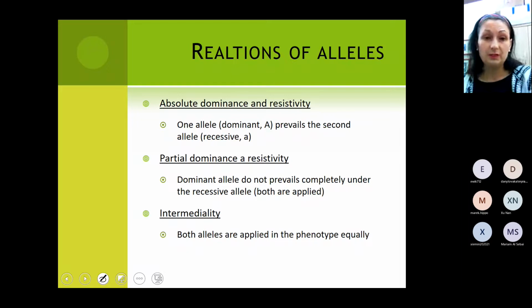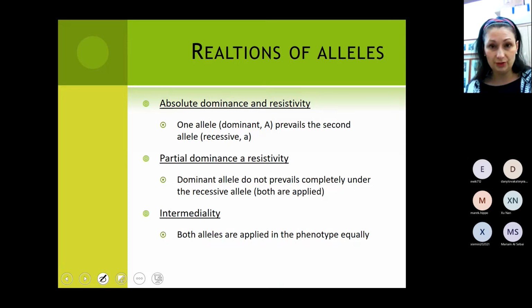About dominance, from grammar school or high school we expect that there is absolute dominance or absolute recessivity. This is just the presumption, and it doesn't work for the majority of genes.